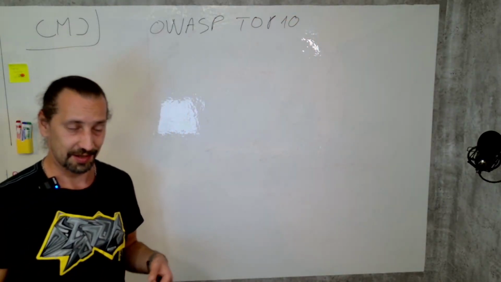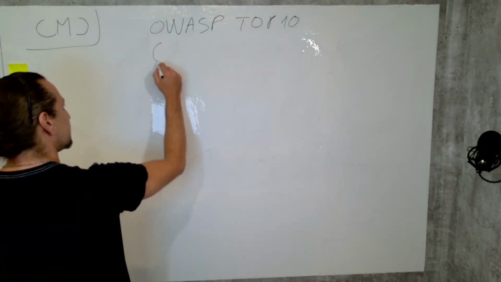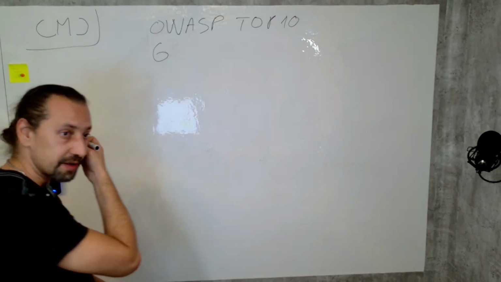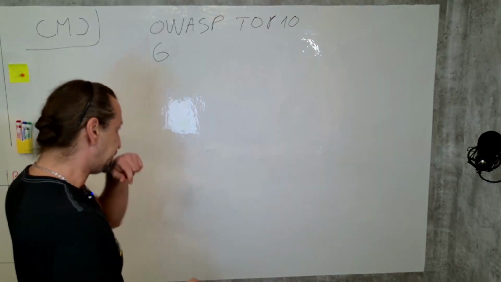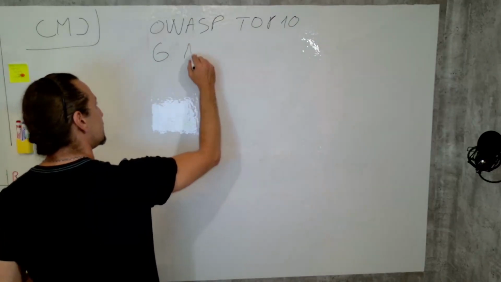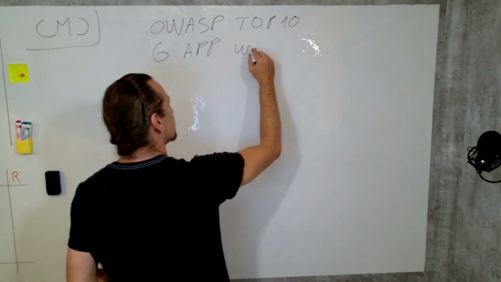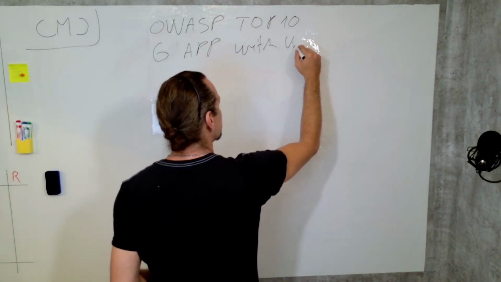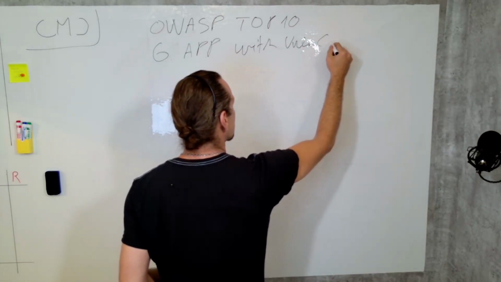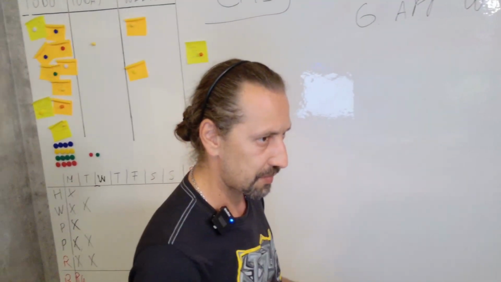I will not start with the first one. I just want to indicate the currently sixth item on the list. It's vulnerable and outdated components. What does this mean?